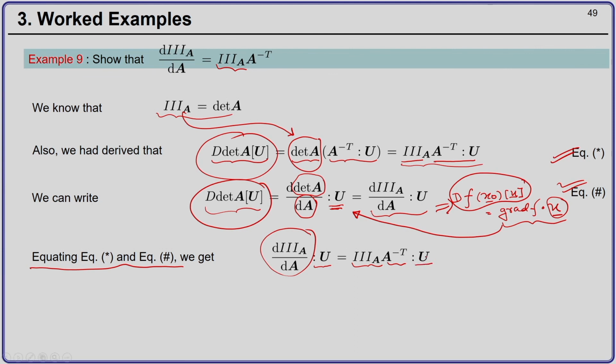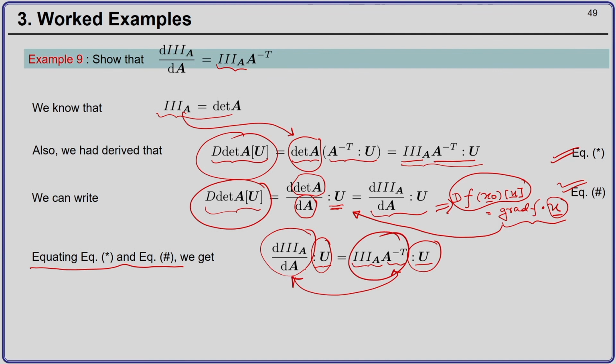So, after this double contraction, we have the same quantity on both the sides. Therefore, the quantity with which u is being contracted should also be the same. So, this quantity over here should be equal to this quantity over here.